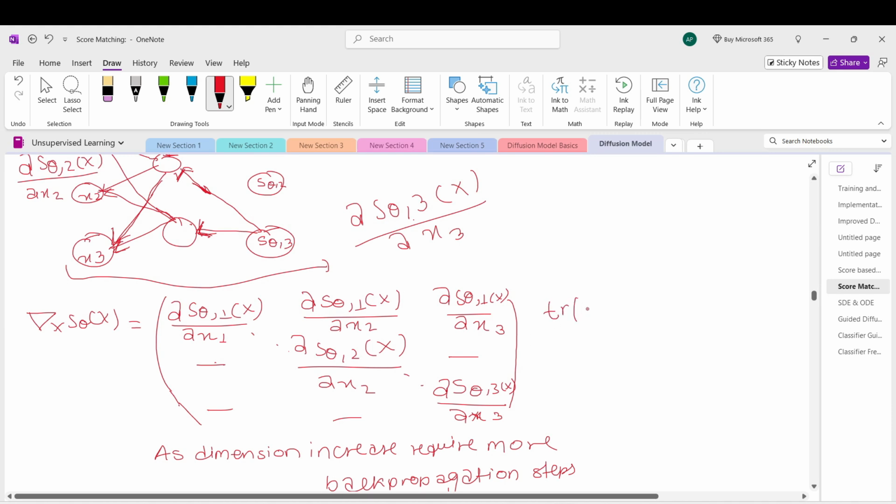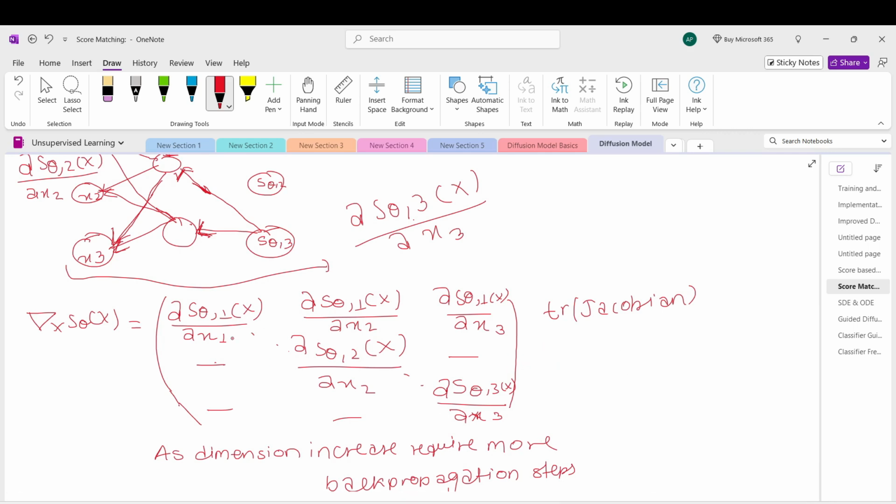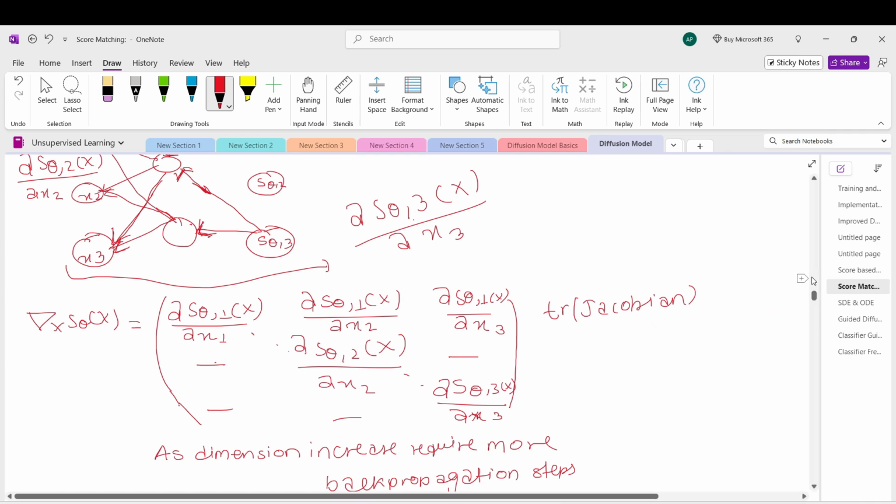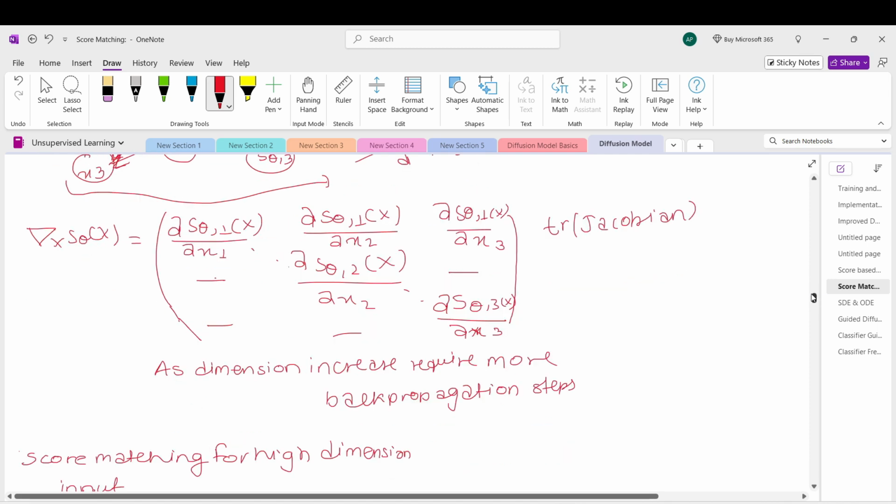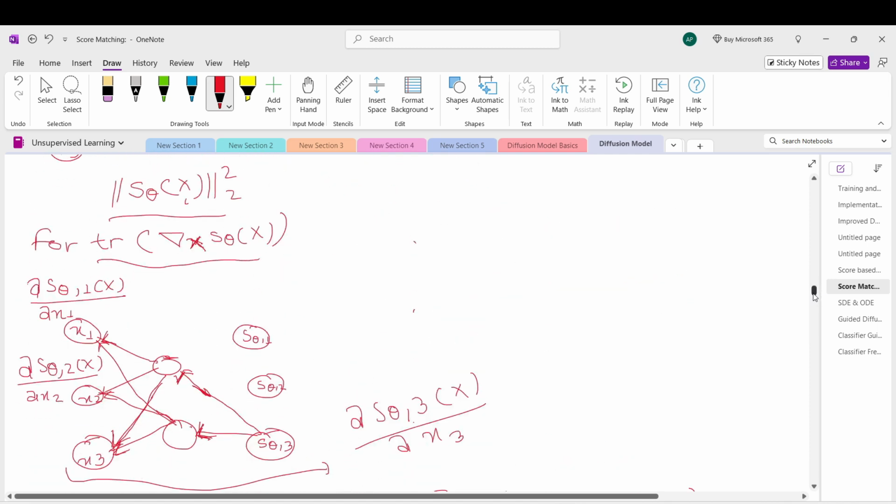We are talking about the trace of the Jacobian. The trace of the Jacobian is just the sum of the diagonal elements of the matrix. We just have to compute the sum of these diagonal elements, and this will give us the trace of the Jacobian. As you can see here, we have just three input dimensions.